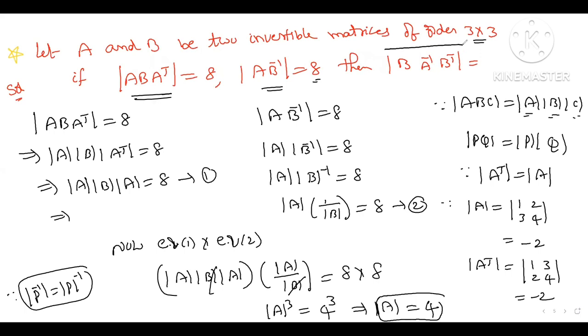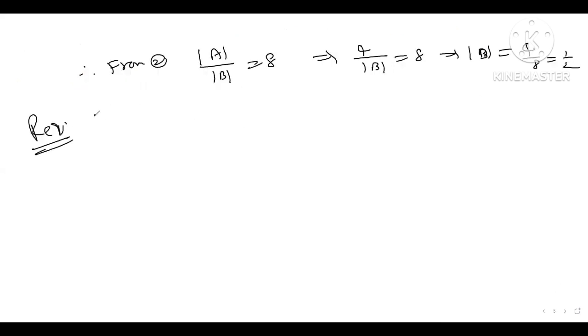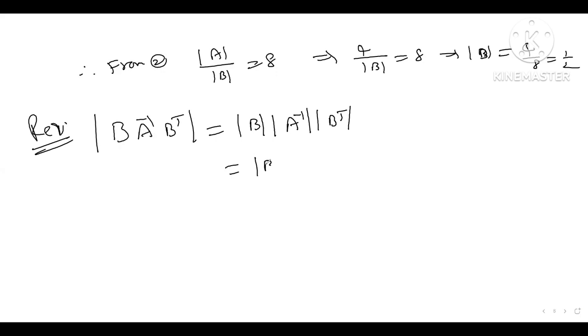this is required: det of B A inverse B transpose. Det of B A inverse transpose of B is nothing but det B into det A inverse into det transpose of B. Det B into det of A inverse is nothing but det A whole inverse.